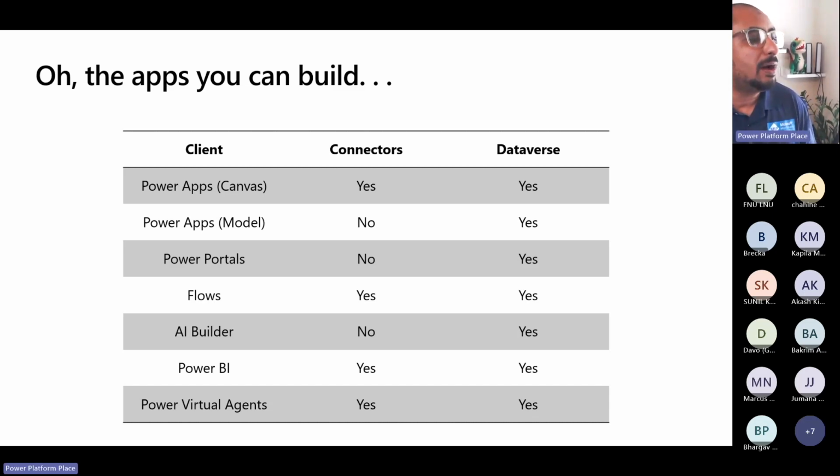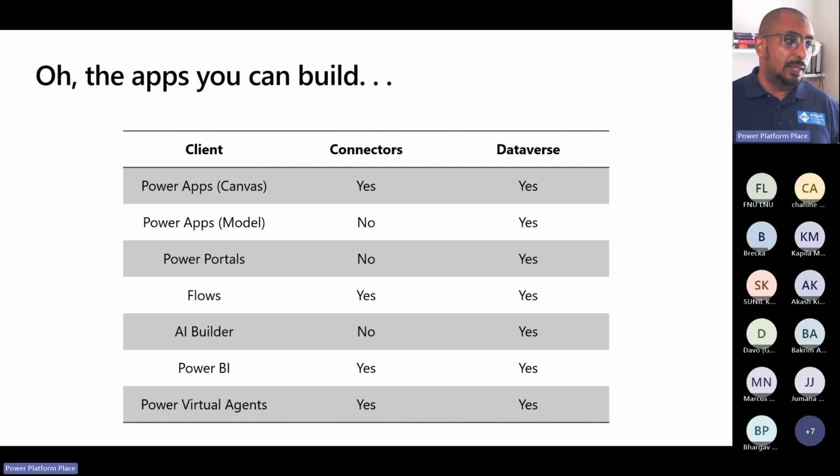And then you have AI Builder, which is artificial intelligence builder, when you want to build artificial intelligence models for text recognition or picture recognition and all these kinds of things, and interact with your data. That's also something that you can build on top of Dataverse. And then you have Power BI, obviously, and most of us know Power BI because it was one of the first tools that led the way for the Power Platform. And then we have Power Virtual Agents.